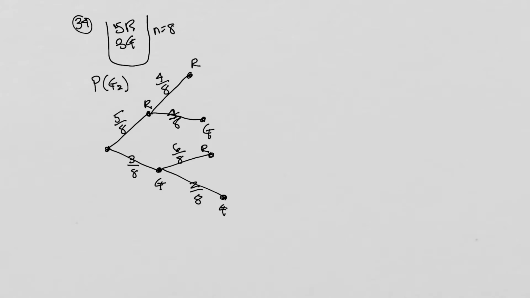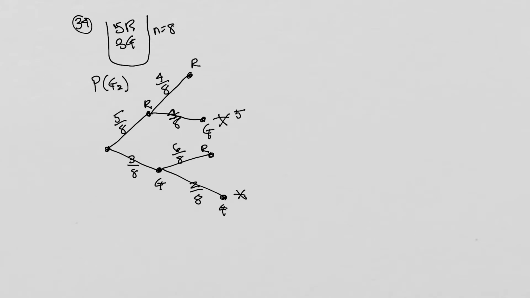So how do we get a green on the second? We could get a red on the first and a green on the second. That's right here. Or we could get a green on the first and a green on the second, and that is right here. So let's look at the numbers on these branches.